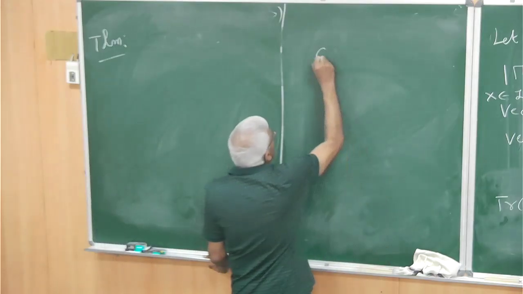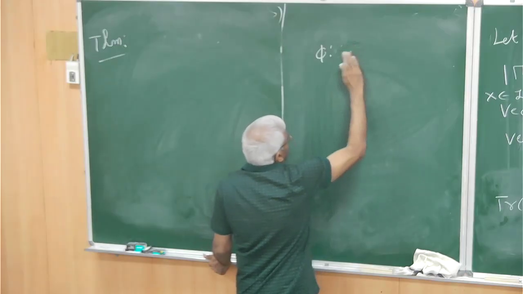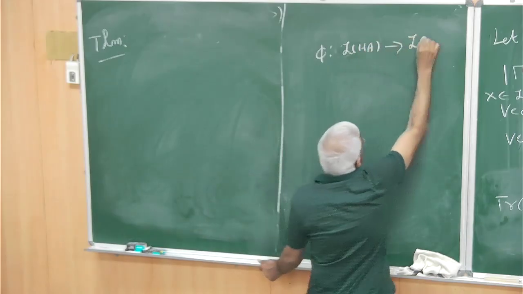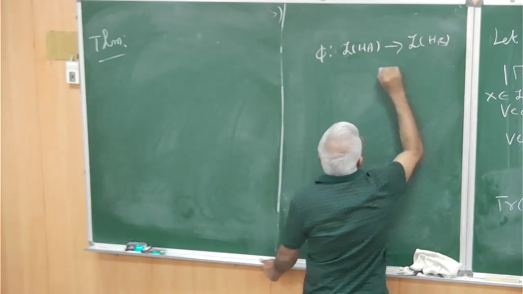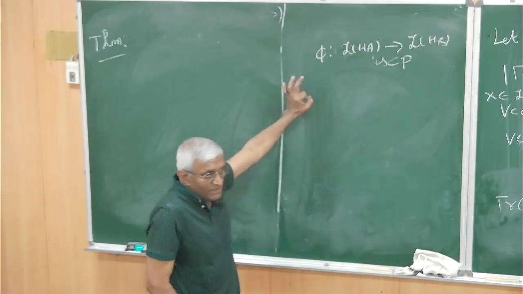If you have P from Mn to L of HA, I write it in this notation, L of HB is CP. Then this is determined by a single matrix.